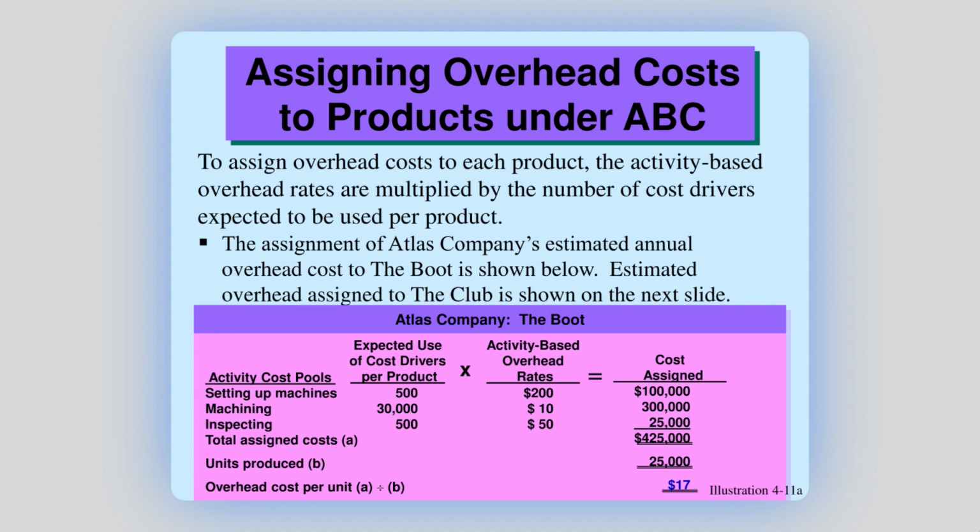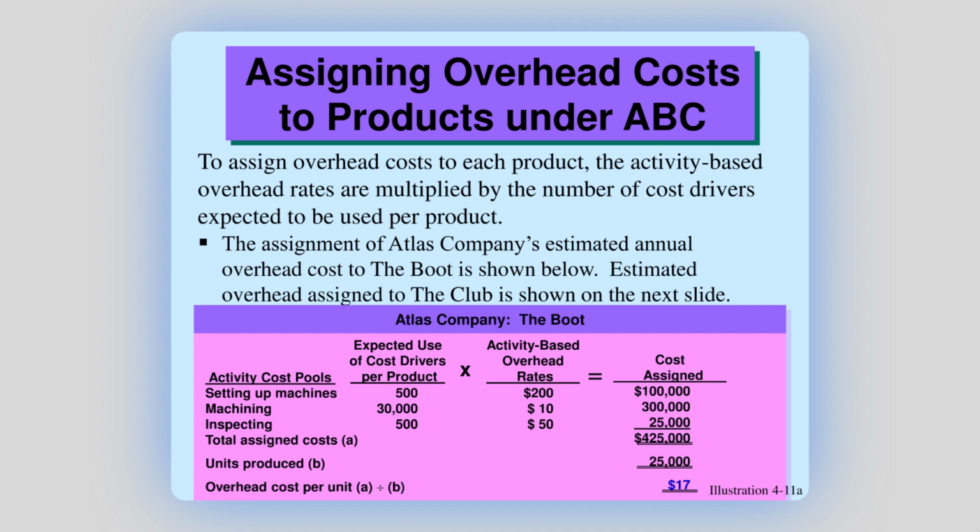And the cost assigned to this one is that 100,000, 300,000, and you have 25,000. So, total cost assigned is you have 425,000. Then you will divide it by 25,000 kasi nga plus Atlas has a high volume.